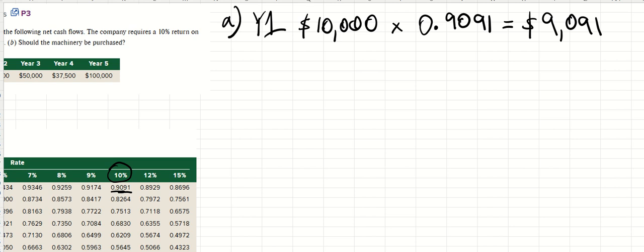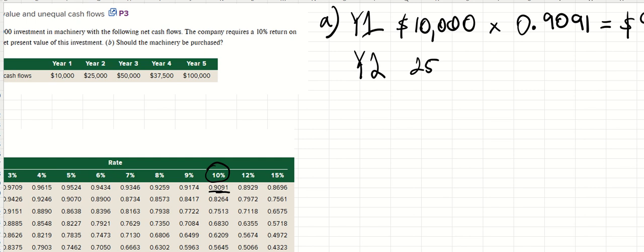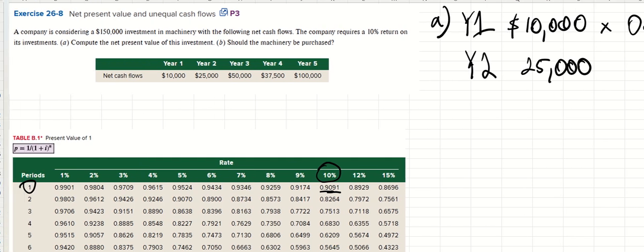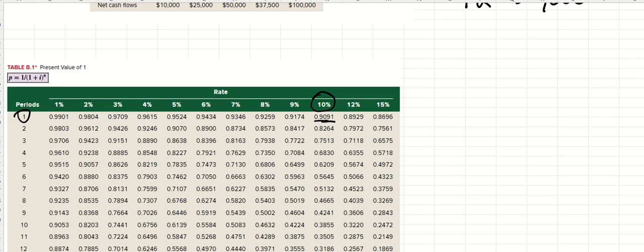Okay, now we move on to year two. Year two, we have 25,000. So now we have to take into consideration the second period because that's year two. So we go down here to the present value of one chart and we find period two. That's for year two. Go back to 10%.